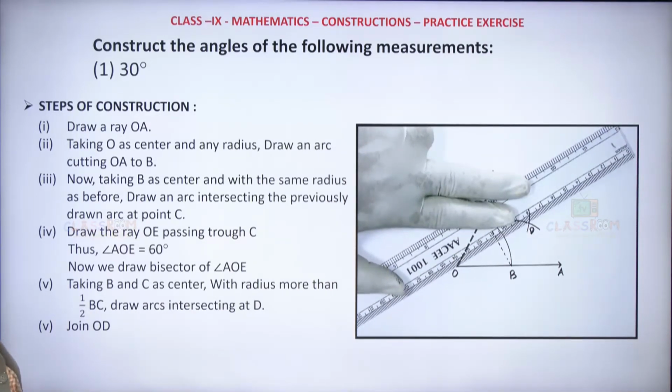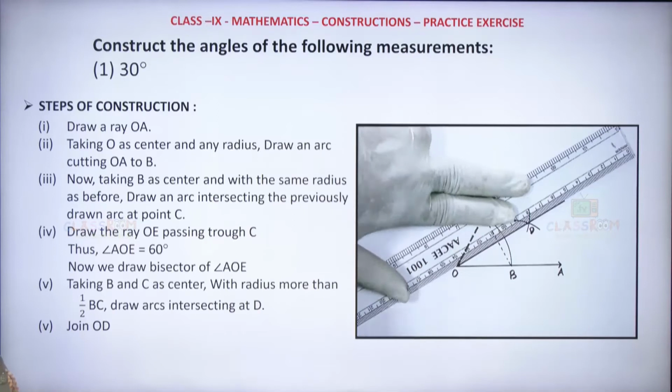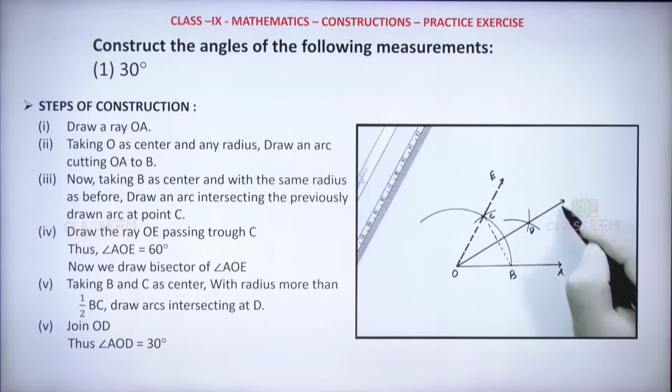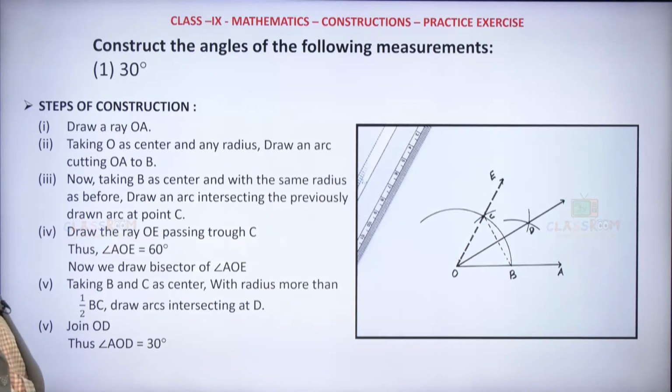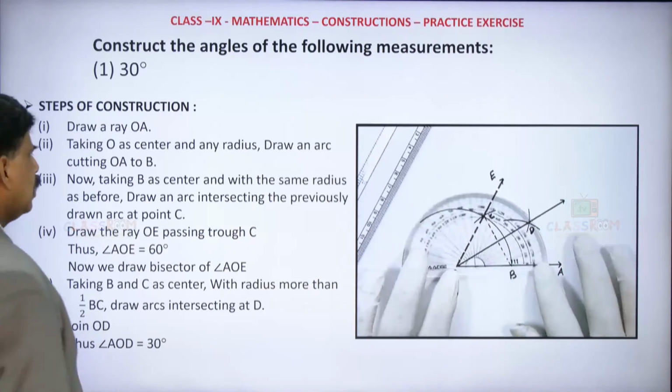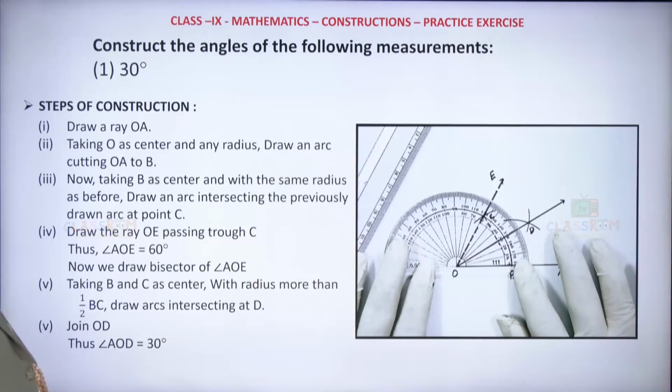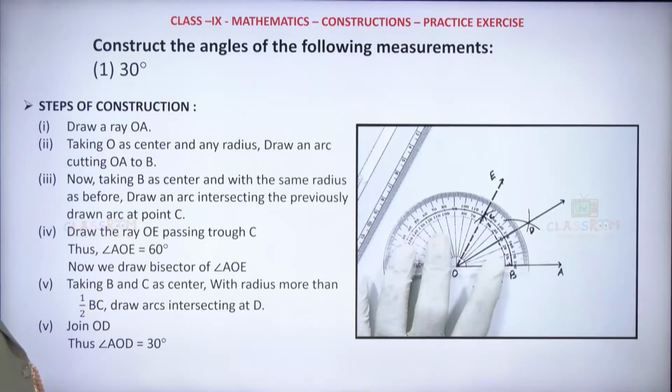Clear? Just join OD. So thus angle AOD is 30 degrees. Is it clear? So you can check with the help of a protractor. So angle AOD is 30 degrees. Is it clear? That is 30.